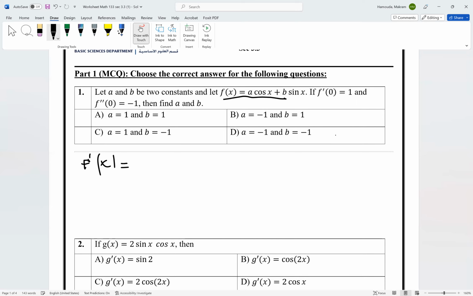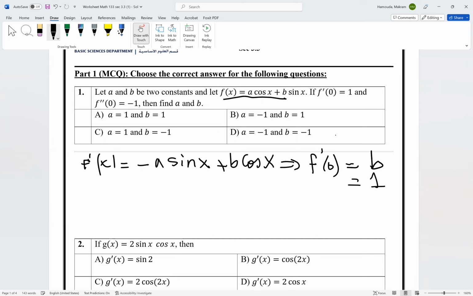Derivative of cosine is equal to minus sine, so it is minus a times sine x plus b derivative of sine, which is cosine, so plus b cosine x. And here when we apply at 0, so I will find f prime of 0. Remember that sine of 0 is 0 and cosine of 0 is 1, so I will have equal to b, and this will give me that b is equal to 1 from this information.